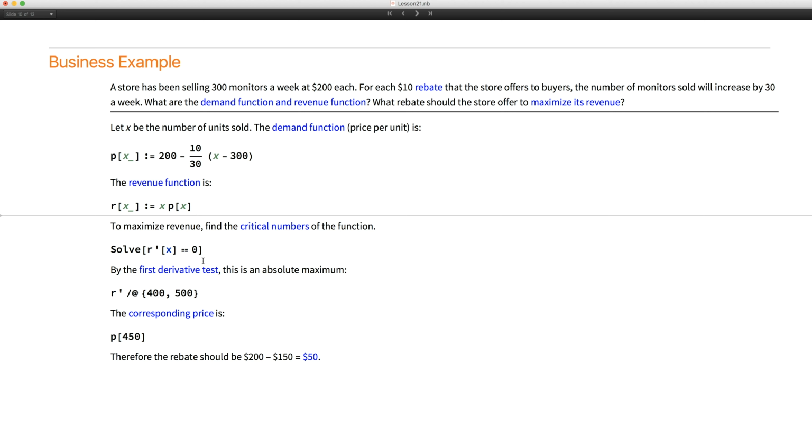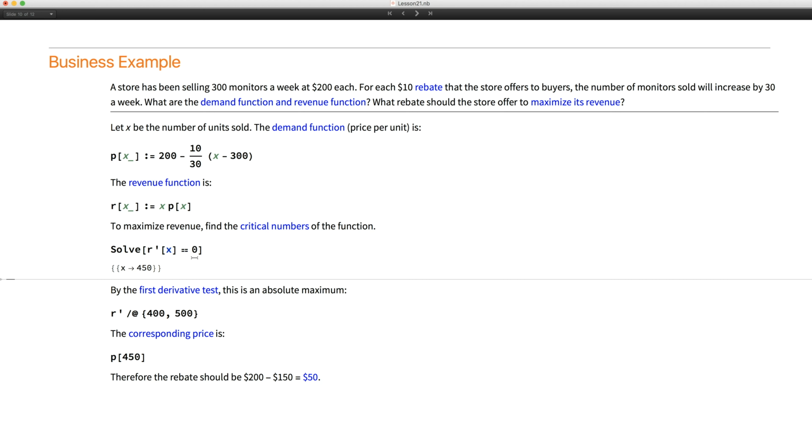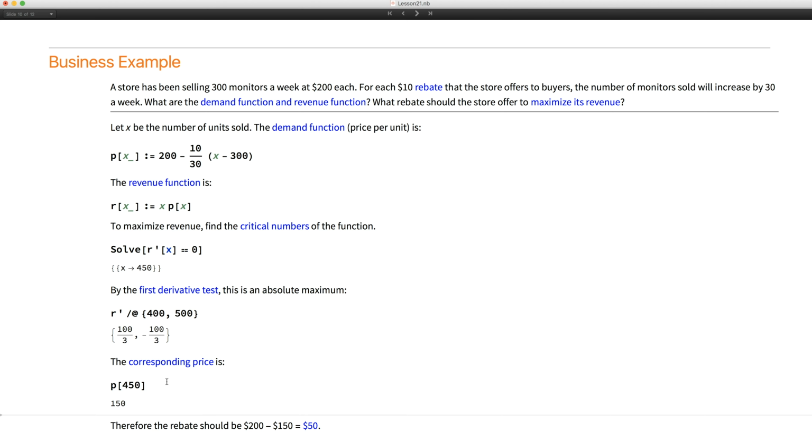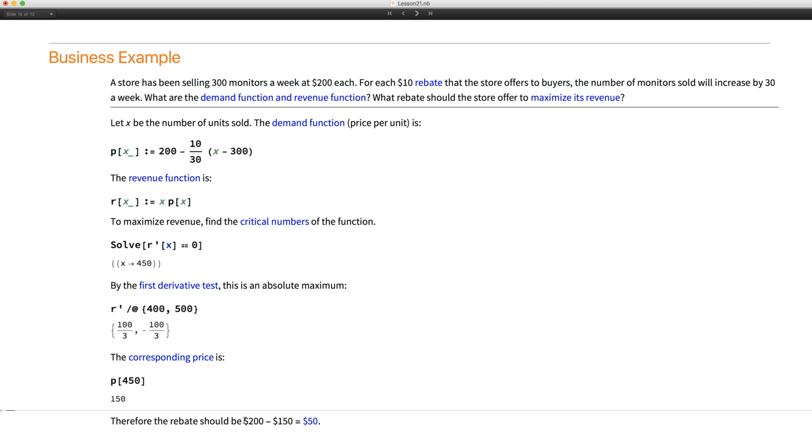So to maximize revenue, you simply find its critical value, which is 450, and then you can actually check quite easily that you actually have an absolute maximum at this value. And the price at this value of X is 150. So now the rebate should be 200, the base price, minus 150, that's $50.